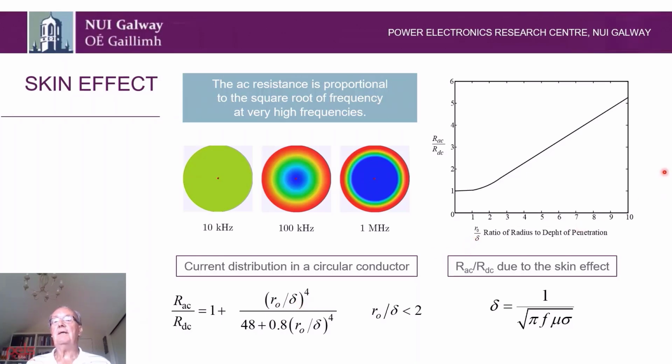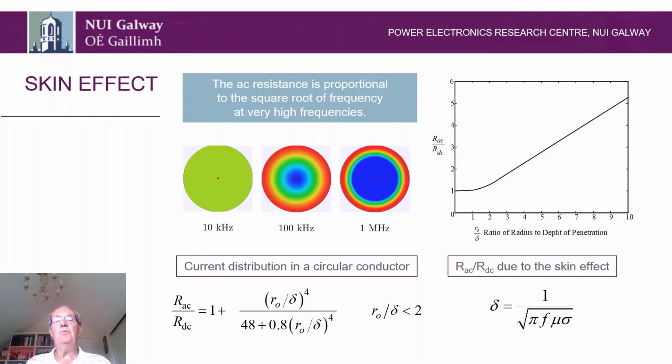So we can calculate that in any given situation. Just to point out, and this is true in all magnetic circuits, when the physical dimension becomes comparable to the skin depth, we're going to start running into problems with AC losses. So as a first rule of thumb, we want our physical dimension, in this case the radius of the conductor, to be less than a skin depth.